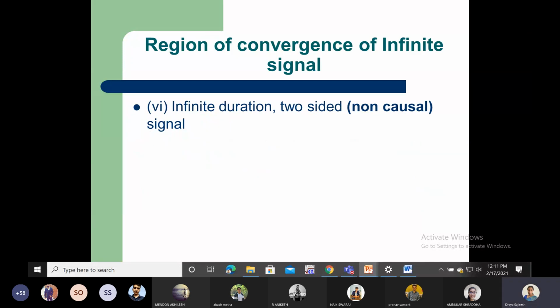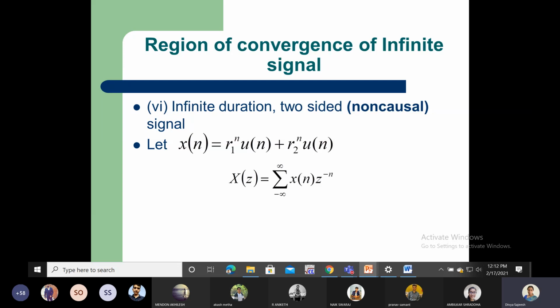Now the last category of the signal is the combination of both, that is left-sided and right-sided signal, or non-causal signal, or two-sided signal. Here I can define the signal as r1 raised to n, u of n, which is the right-sided signal, and r2 raised to n, u of minus n, which is the left-sided signal.